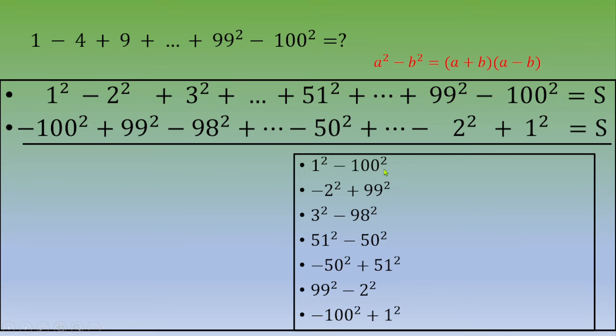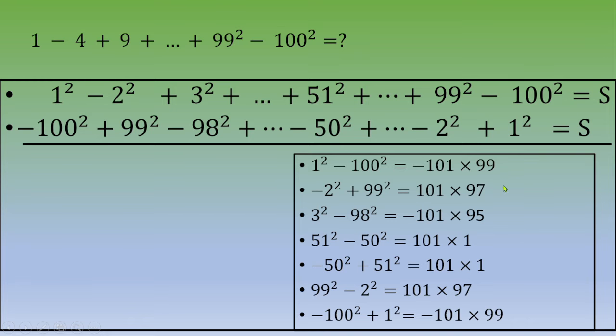For the first one, this is 1 plus 100 times 1 minus 100. So you end up with 101 times negative 99, which is a negative number. If you do all these operations, you can notice that every time you obtain the same number, 101.